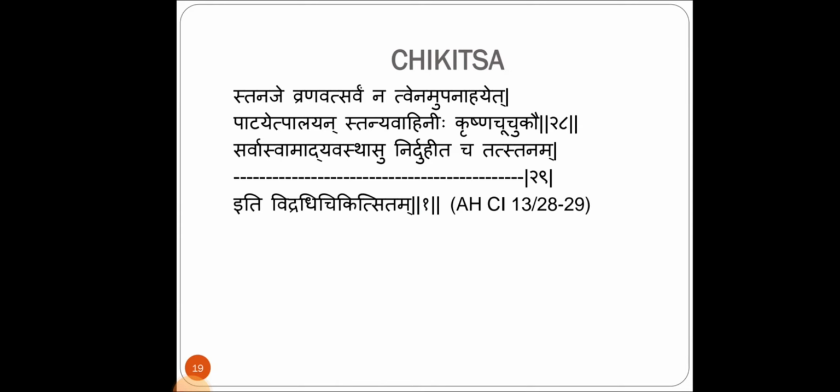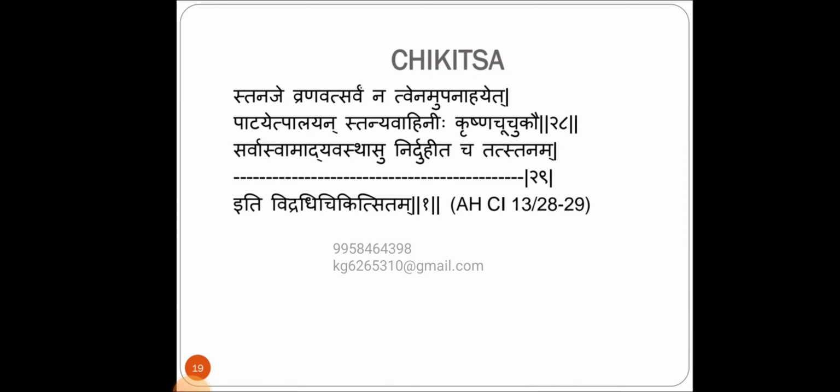Vidradivat Chikitsa means Ama, Pachyamana or Pakva. We have to properly examine in what stage the Vidradi or the Shofa is. And after determining whether it is Ama, Pachyamana or Pakva, it is told that for the first two avasthas, that is the Ama and Pachyamana avastha, Apatarpanadi Ekadasha Upakrama, except Upanaha, can be done.